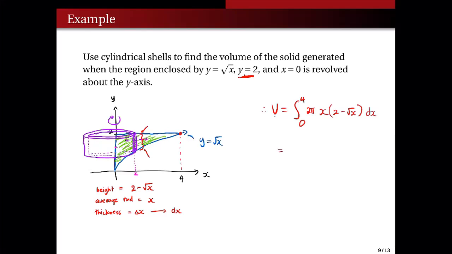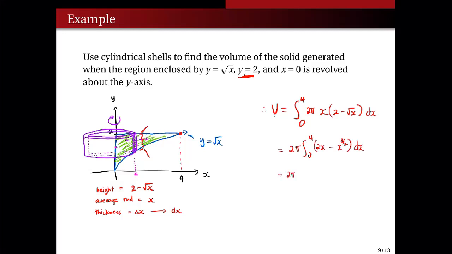Let us calculate. You have 2 pi integral from 0 to 4 of 2x minus x times square root of x, which I will write as x raised to 3 halves, dx.